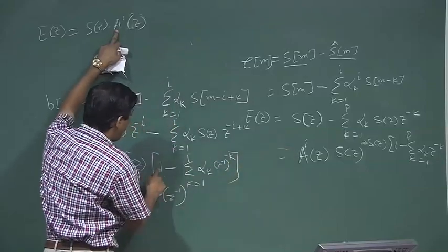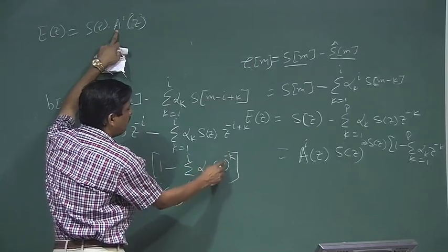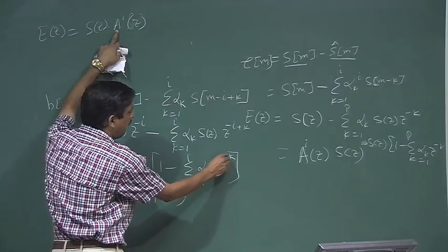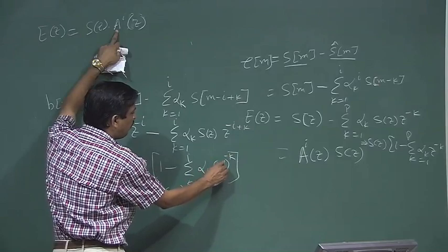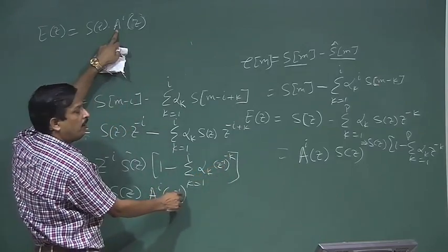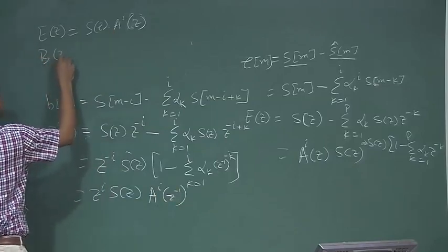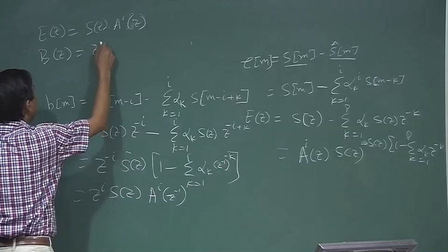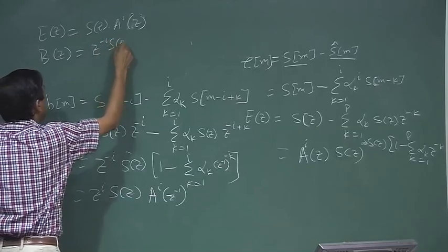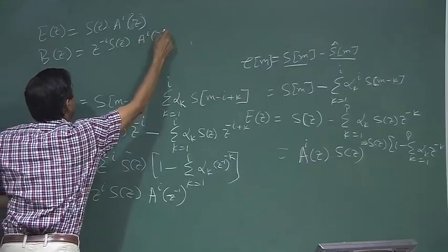So it is 1 minus the sum over k equal to 1 to i of alpha k z to the power minus k. So here instead of z to the power minus k, I put a z to the power minus 1 inside. So I can say it is nothing but A_i of z to the power minus 1. So I can say B(z) is nothing but z to the power minus i S(z) into A_i of z to the power minus 1.